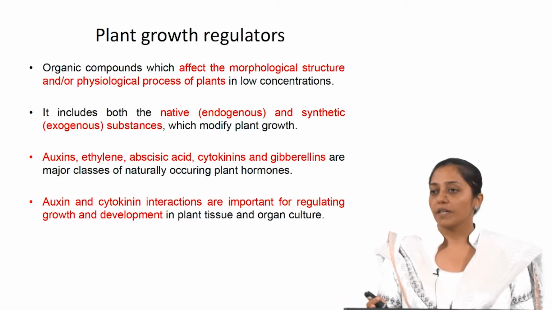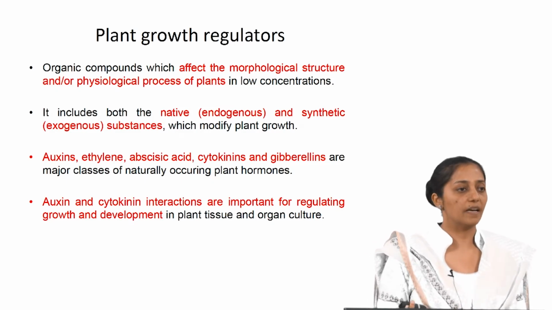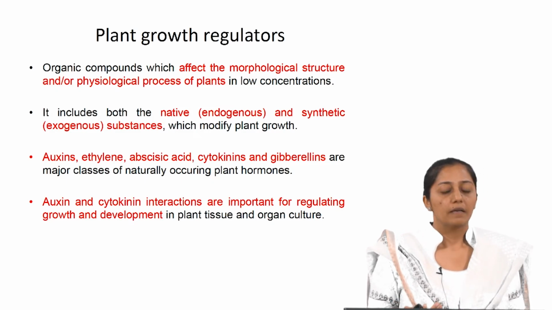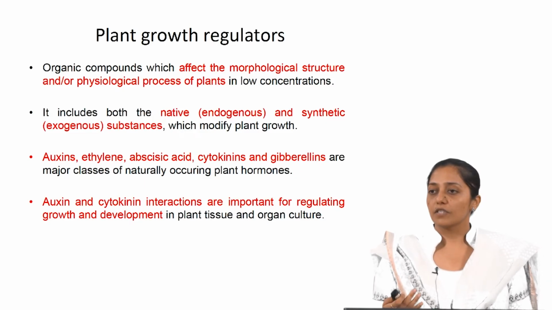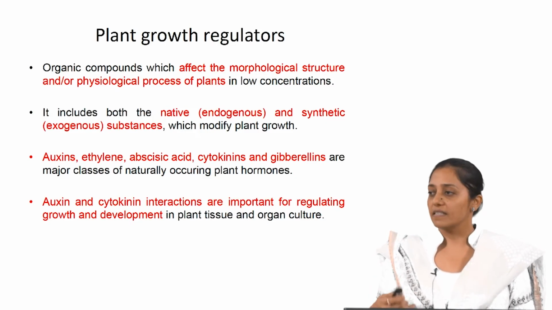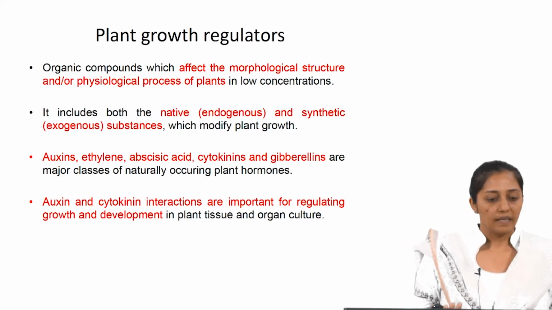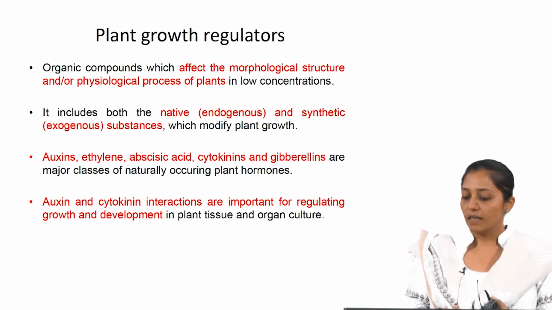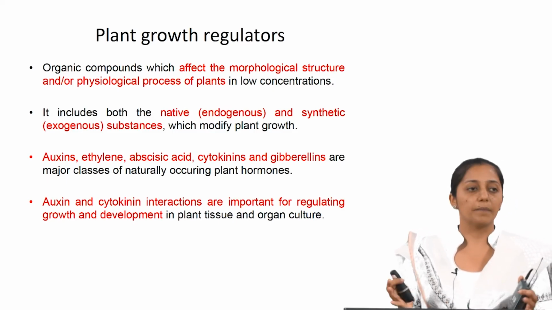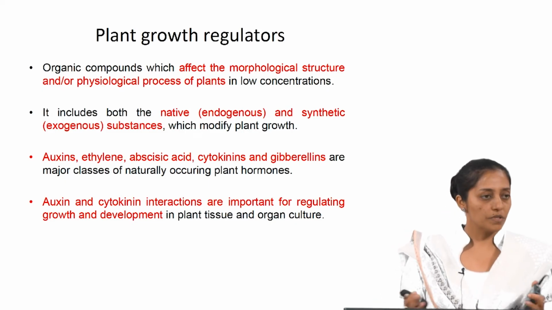Even jasmonates, when they are salts of jasmonate, are exogenously added, like methyl jasmonate. Otherwise jasmonic acid is a part of the signal cascade inside the cell as well. So auxins, ethylene, abscisic acid, cytokinins and gibberellins are the major classes of plant growth regulators or hormones.